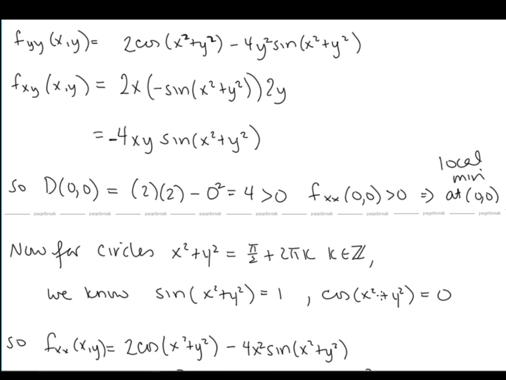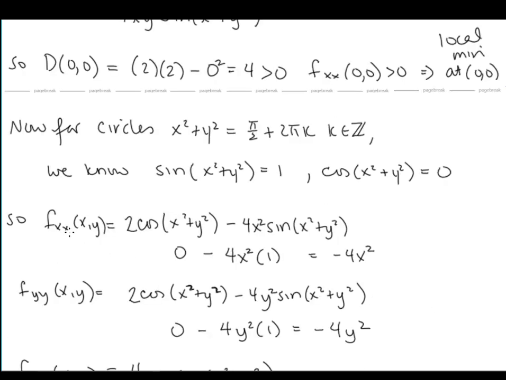Let's take a look at the circles for which x squared plus y squared is equal to pi over 2 plus 2 pi k. We know for all of these points, the sine value is going to be equal to 1 and the cosine value is going to be equal to 0. So the second partial at these points is going to be 2 times 0 minus 4x squared times 1.